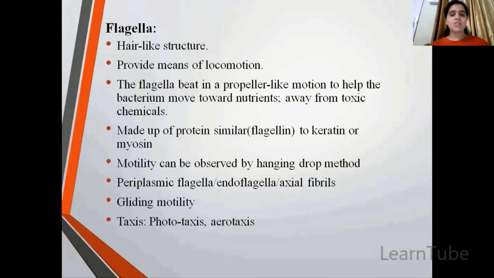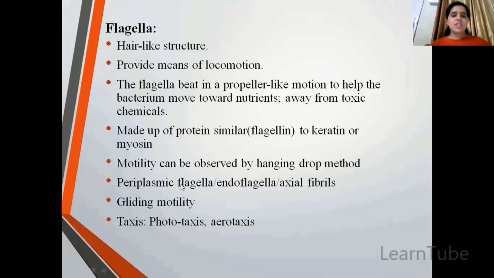The drop remains intact, but you just cover it. That's why the method is called hanging drop, because the drop is kept in its intact state. Then you see it under the microscope, and you can see the motility, the moving microbes.